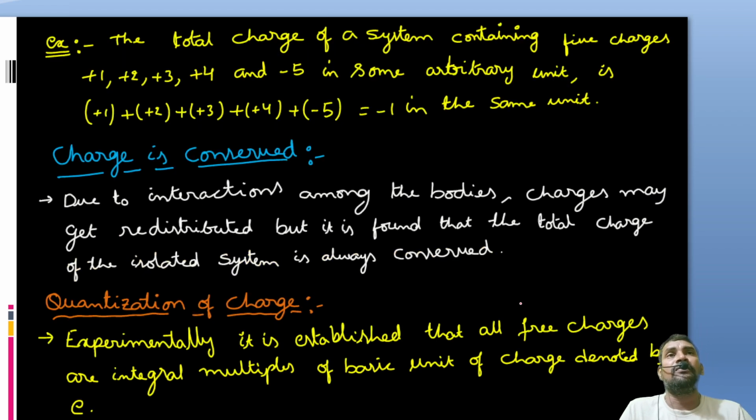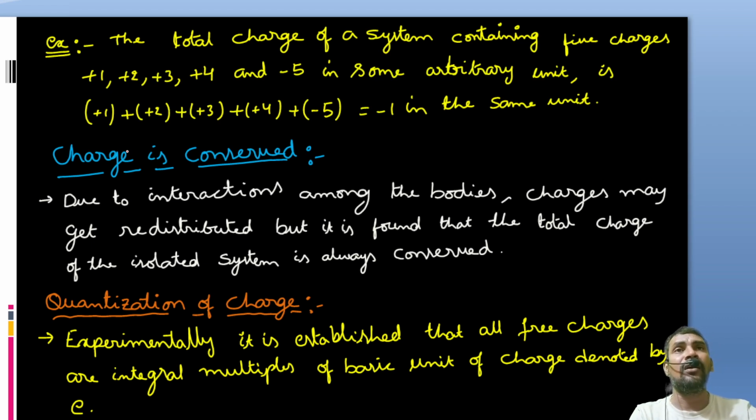So for example, if I am taking a system containing charges plus 1, plus 2, plus 3, plus 4 and minus 5 in some arbitrary units, let us assume all these are in coulombs. If I want to find the total charge of this system, what I have to do is add all the charges in that system.